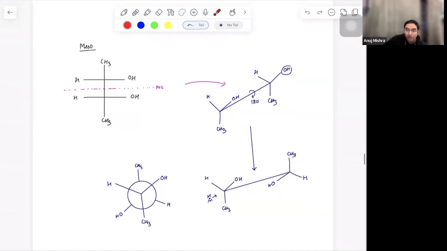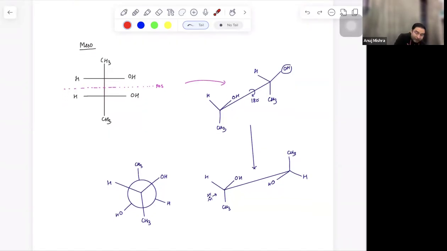So just to make your job easier, please draw all four structures once. And draw properly, don't draw wrong.